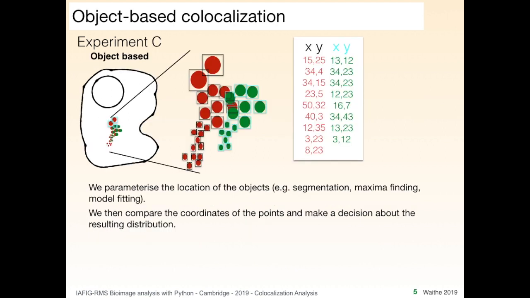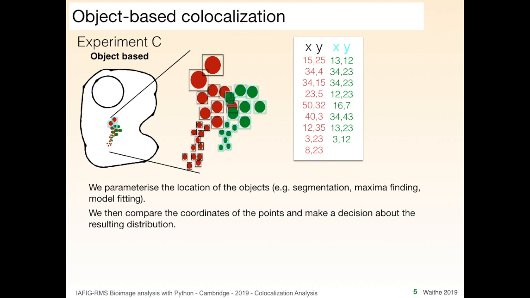And then the third approach is very much the object-based colocalization. So in this case, what we're doing is we are first parameterizing the cells, in this case organelles or proteins within the cell. We are segmenting and isolating each one and getting a coordinate location, a centroid for each structure.